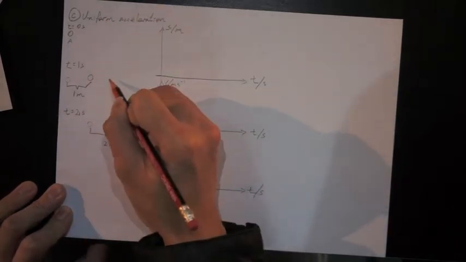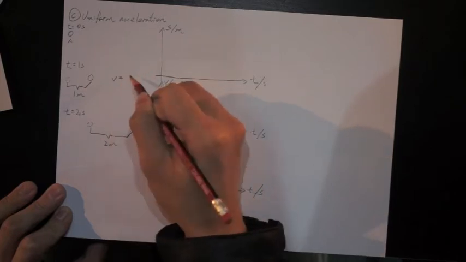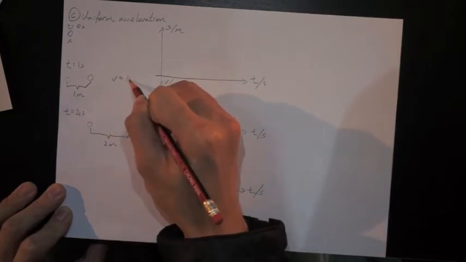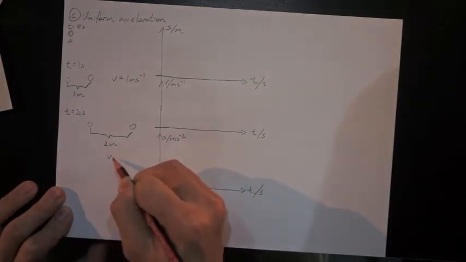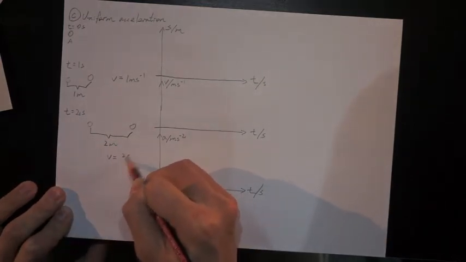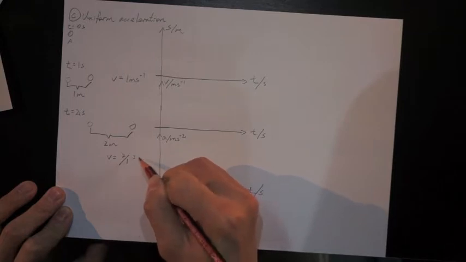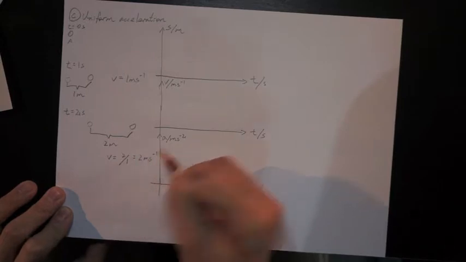Therefore, at the first second, the velocity is equal to 1 meter per second, and at the second, the velocity is 2 divided by 1. Therefore, it is 2 meters per second.